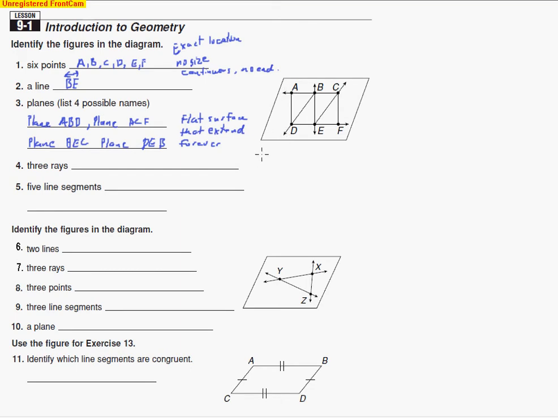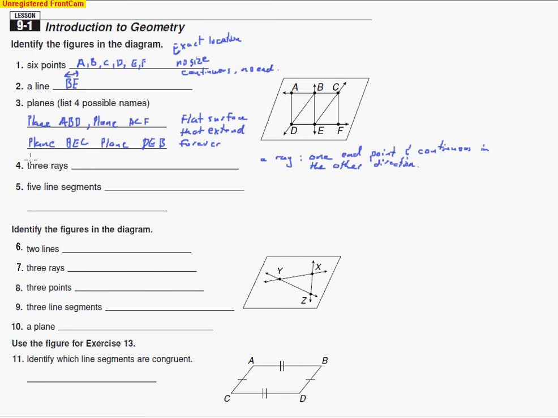So we'll just say a ray has one endpoint and continues in the other direction. So it goes on forever in that other direction, but it stops at one point.